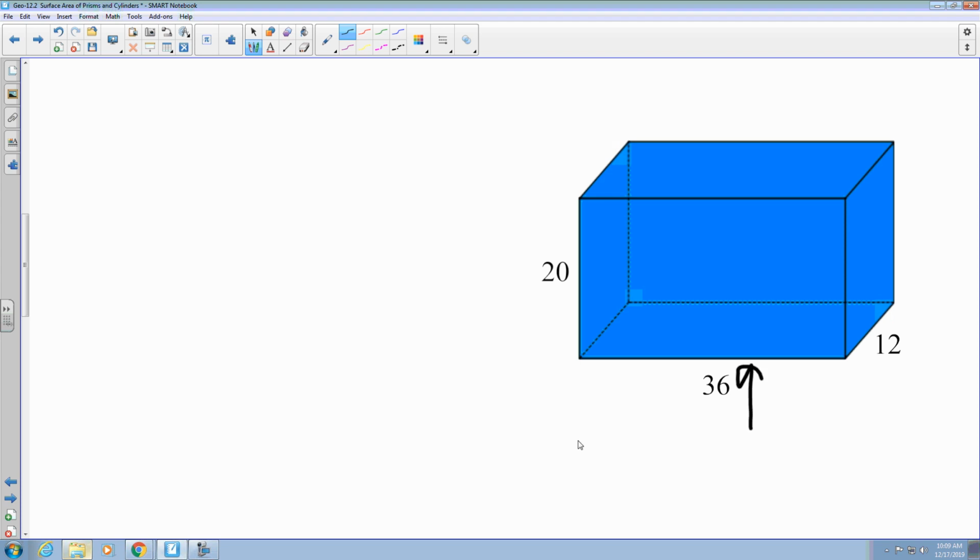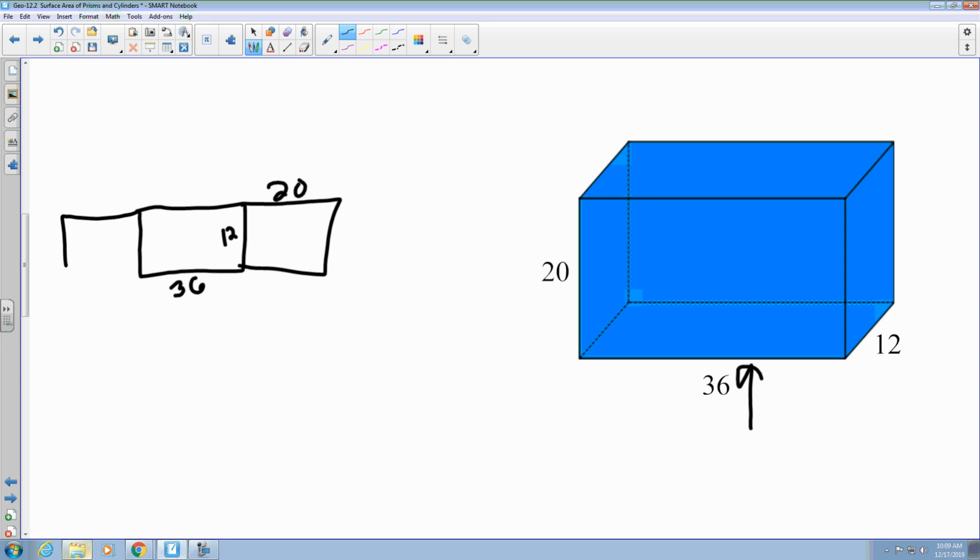The bottom piece is 36 by 12, and then off of that we got 20 and 20. But from the other side, this is going to be 20. This is going to be 20.